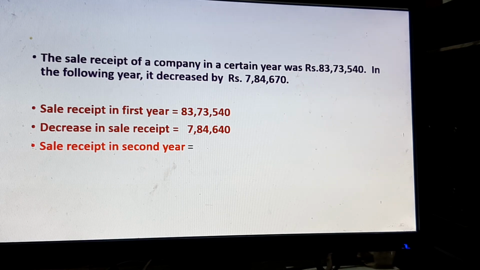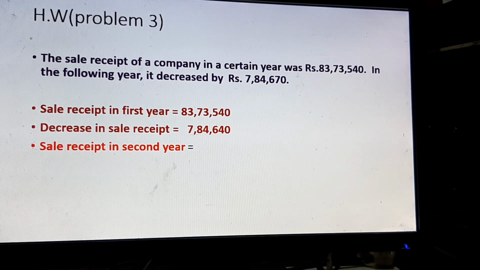So now what will be his, just like Vaiga's marks, 2 marks less, 4 marks less, isn't it? So same way here, 7,84,640 less. So what will you do? Okay, you have to find out. So this is your homework for problem 3. Okay, I hope you will be doing all the sums and send it to me. Okay, quickly.